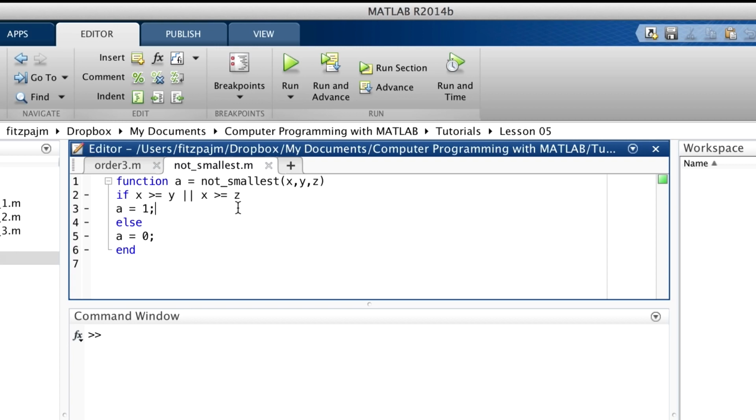And that makes sense, because if x is greater than or equal to y or z, or both for that matter, then it's not the smallest. In that case, the OR operator returns true. This statement is executed. a is assigned the value 1, and the function returns that 1. Otherwise, we skip to the else branch. a is assigned the value 0, and the function returns 0.